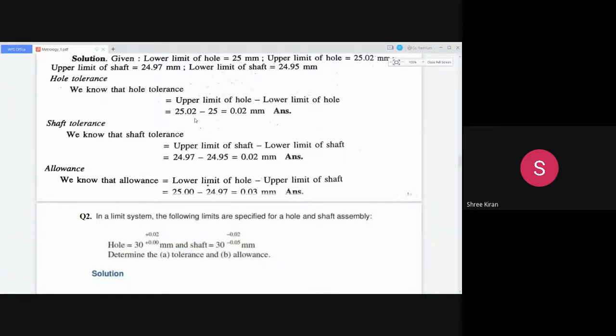So in the case of mechanical aspects with respect to metrology, what happens over here? You just tell me. The mating parts. Do you remember the term named fits? Yes.